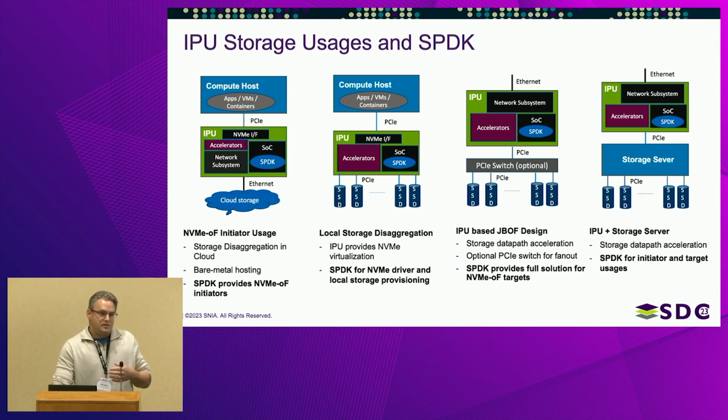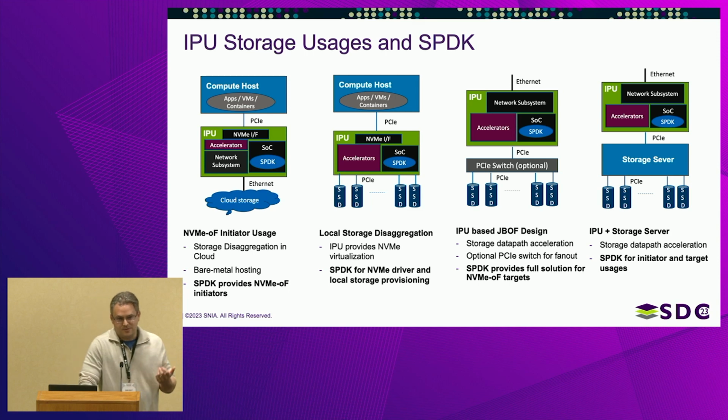But going back to the reason for being for these IPUs, you look back at where they were needed: the infrastructure providers who are doing infrastructure as a service. We'll keep hitting this word infrastructure. I swear the I is for infrastructure, not for Intel.